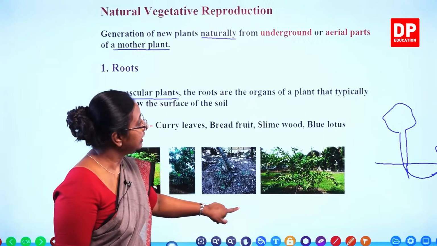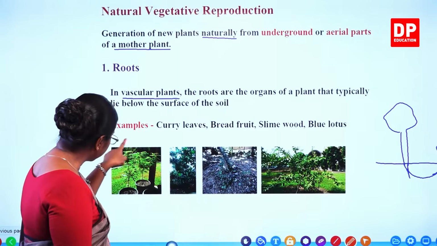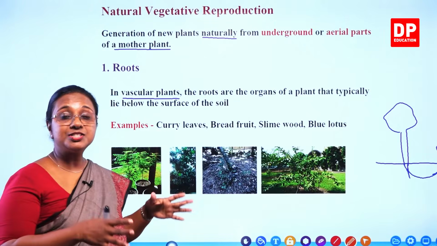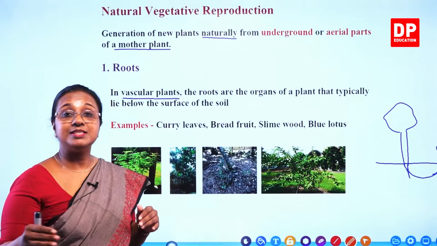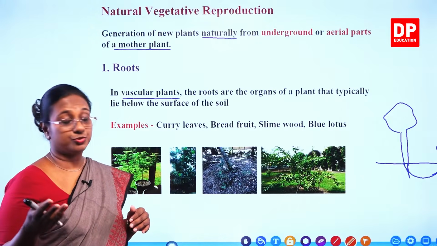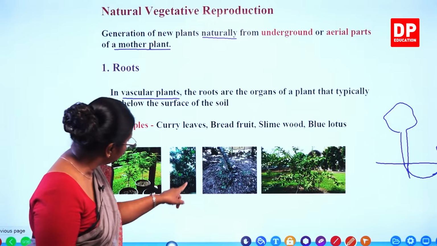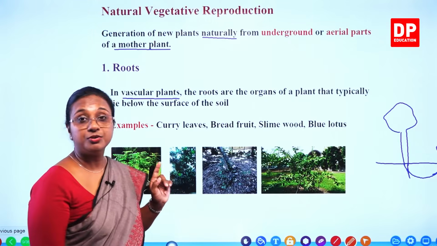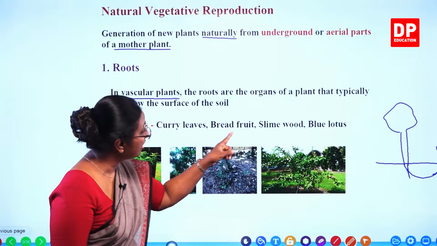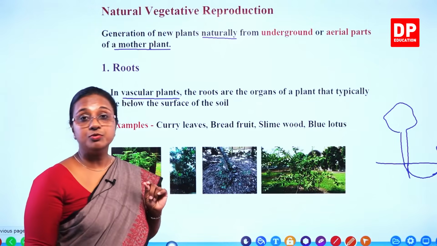If we look at the examples, as I told you all, you can see the curry leaf plant. Normally near the large curry leaf, the mother plant, you can see very young plants. So, they are produced from roots, curry leaf. Then we have the breadfruit tree. You all know breadfruit, that also reproduces by roots. Then we have slime wood and blue lotus.